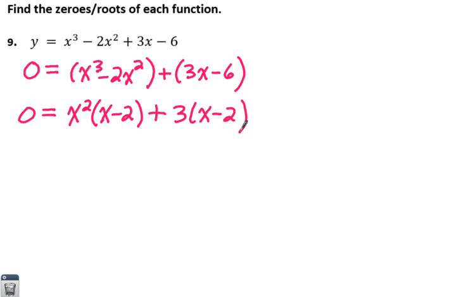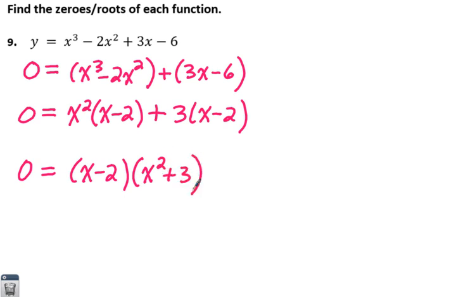Then you see that we have repeated bubbles of x minus 2, so that comes out, and another bubble, you put x squared plus 3 in. And there's the answer from factoring by grouping. Like always, after you factor, you set each factor equal to 0.